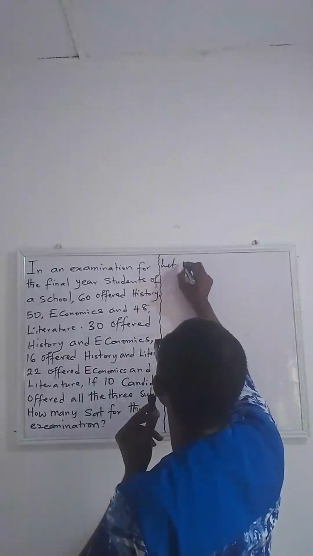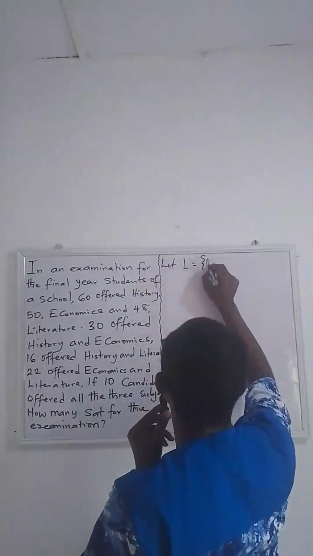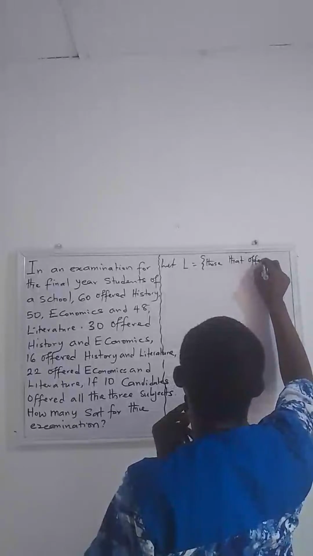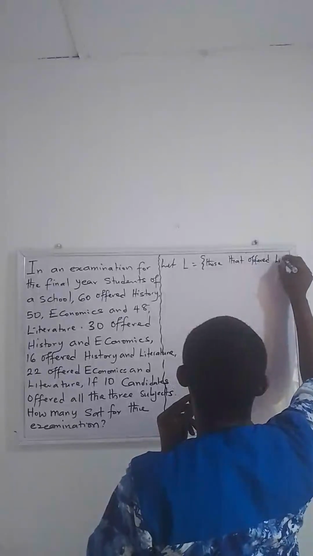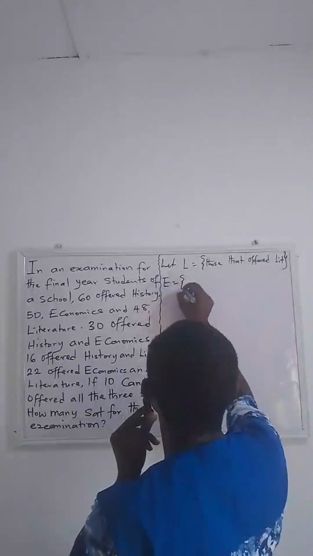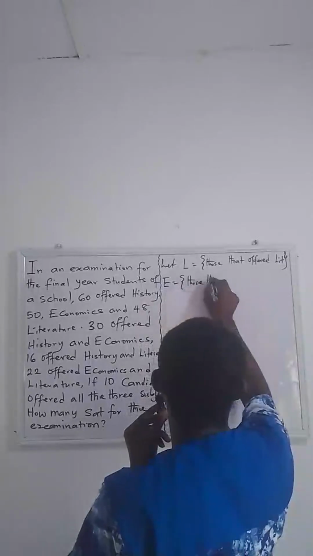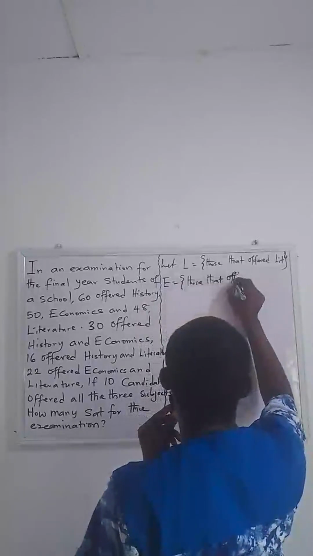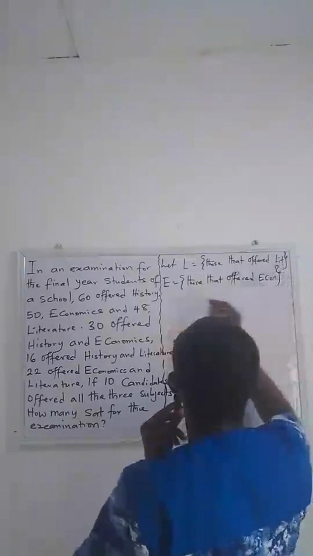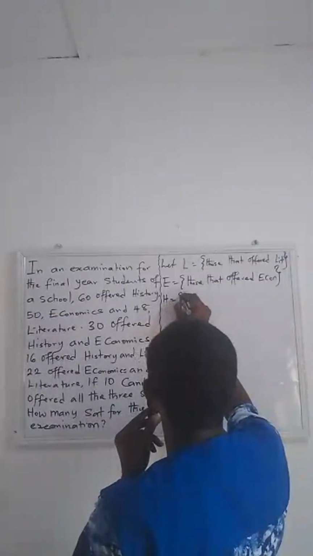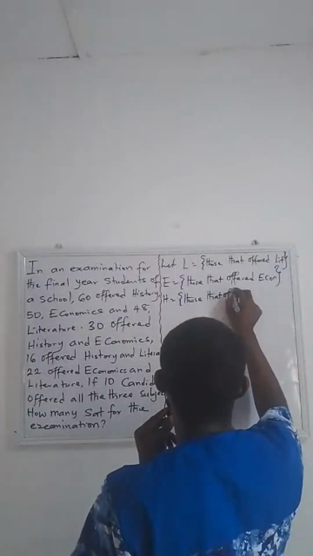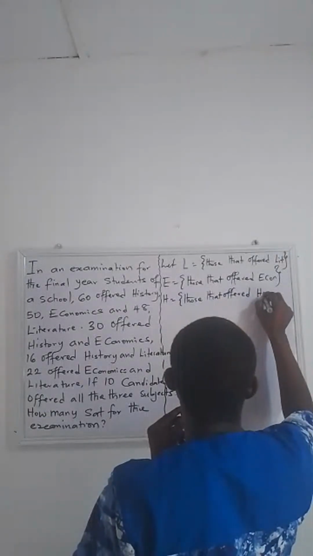Let L be the set of those that offered literature, E represent the set of those that offered economics, and H represent the set of those that offered history.